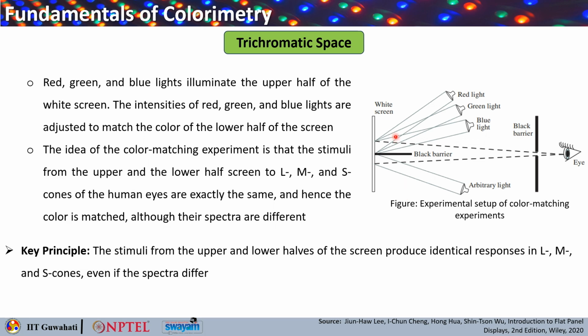Spectra means the wavelengths, so there may be higher intensity at different wavelengths, but the information perceived by your eye, the cone cells, is the same. So, this is a key principle: the stimuli from the upper and the lower halves of the screen produce identical responses in your L, M and S cones, even if their actual spectra differ.